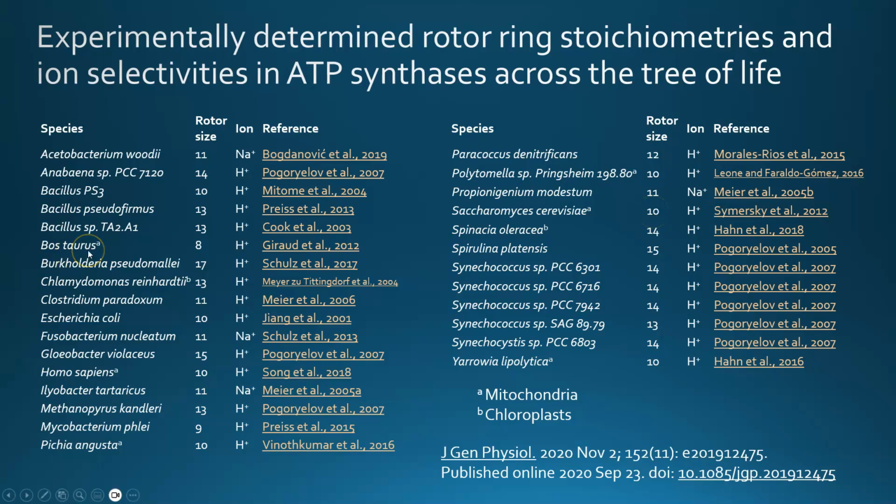Bos taurus, that's cows, they have 8. Very interesting. So that means they would get even more ATP per proton. Many have more subunits in their C ring, so the number of subunits differs by species. And then there are a few bacteria that instead of using protons, in fact, can use sodium ions to generate ATP.